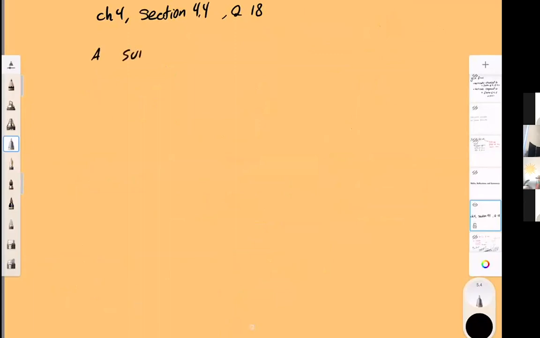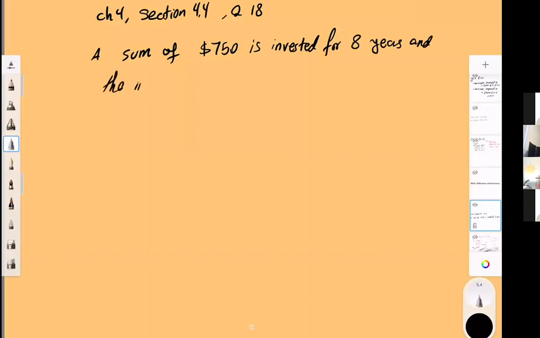A sum of $750 is invested for 8 years, and the interest is compounded quarterly.